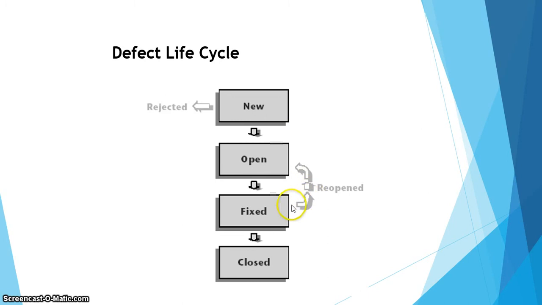After the release we retest it. So it can either be reopened, that is the development team has said that it has fixed it, but the defect still exists. So you reopen the defect and it goes to the same cycle again. If you don't need to reopen it, then it goes to the closed status. So you have new, rejected, open, fixed, reopen, closed, right?